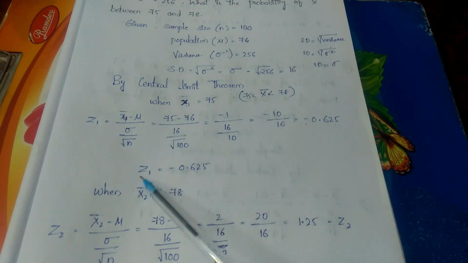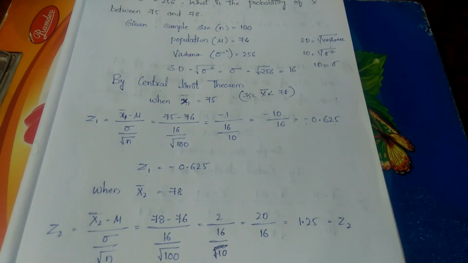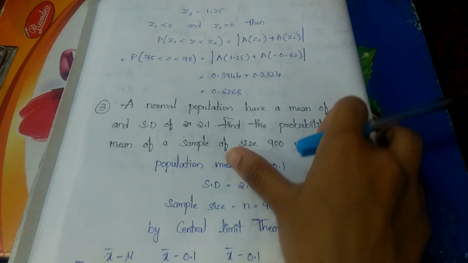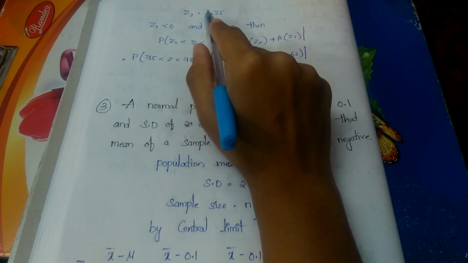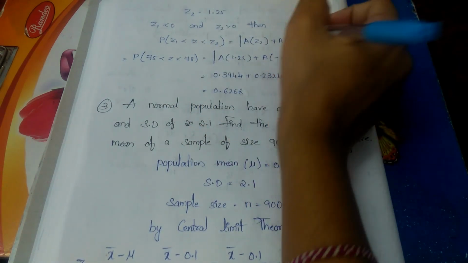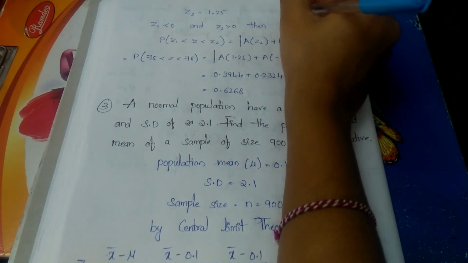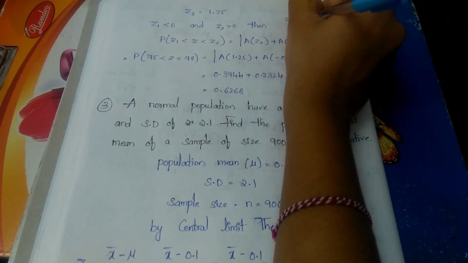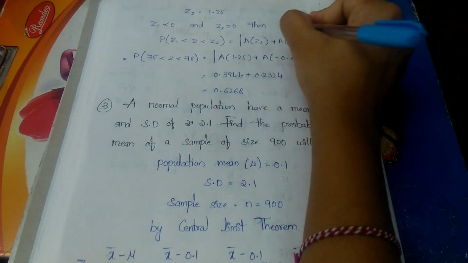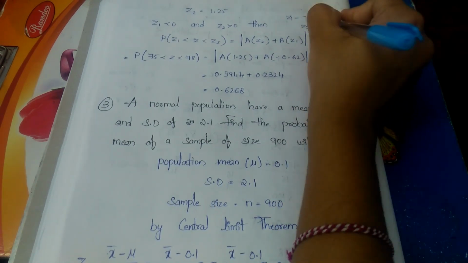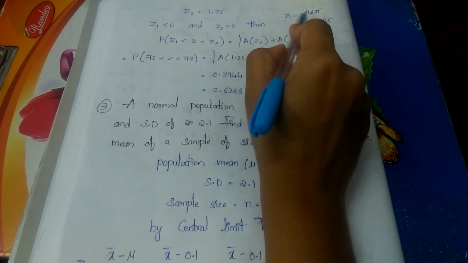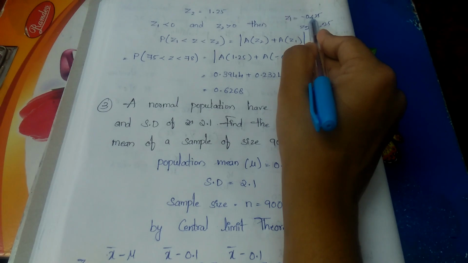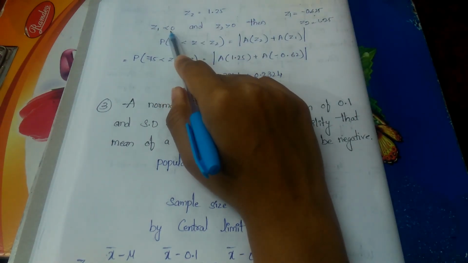Now we have the z1 and z2 values. Now we have to find the probability. The z1 value I got is minus 0.625, which means it is a negative value, so z1 is less than 0.